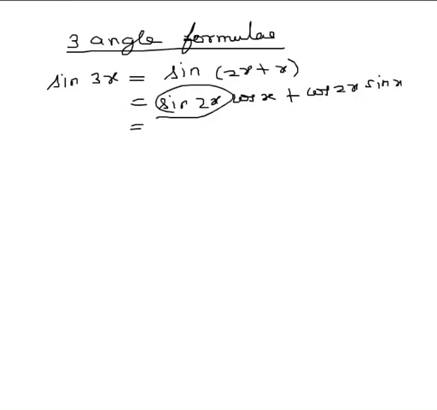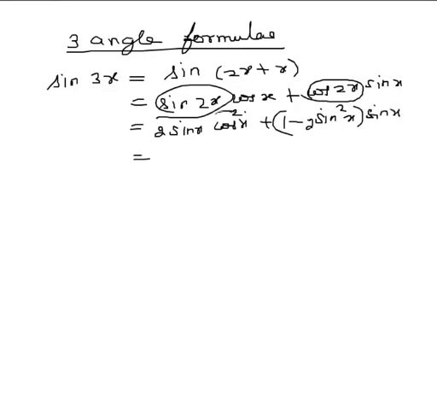Now I can write the formula for sin 2x, which is 2 sin x cos x, and into cos x will give you cos square. And cos 2x also I am changing in terms of sin. I have 4 formulae, no? I am going to use this one in terms of sin: 1 minus 2 sin square x into sin x. Now again change this also in terms of sin. Cos square can be replaced by the identity 1 minus sin square.